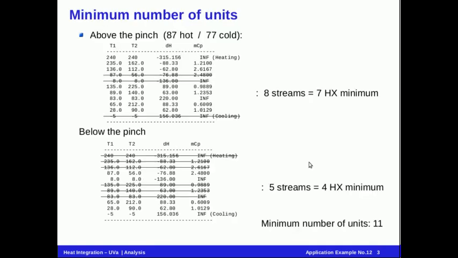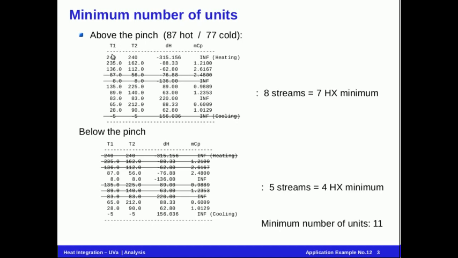With this division, 87 Celsius for the hot and 77 Celsius for the cold streams, we can know which streams are above the pinch. It is those hot streams that have some part above 87 Celsius and those cold streams that have some part over 77 Celsius.